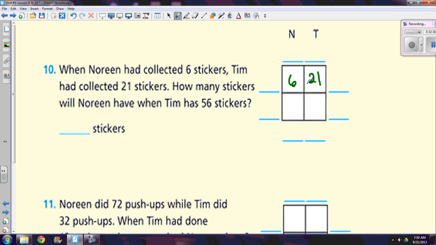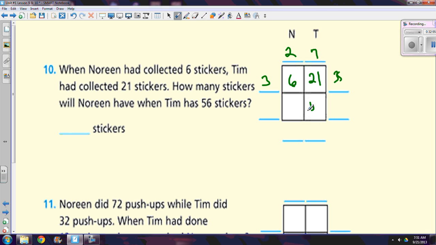We're looking at factors of 6 are 1, 2, 3, and 6. 3 goes into 6 and 3 goes into 21. So 3 times 2, and 21 divided by 3 is 7. Okay? Oh, I didn't finish this. How many stickers will Noreen have when Tim has 56?